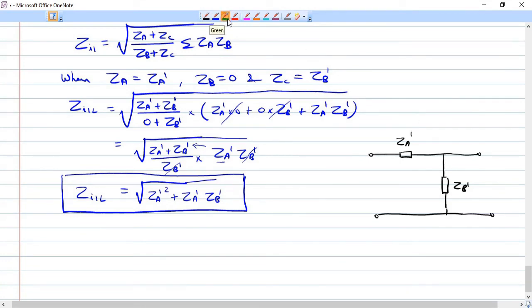So we have attached the image impedances to this L network. To the port 2 dash we are attaching Zi2, and to our port 1 dash we are attaching the image impedance Zi1. Okay.